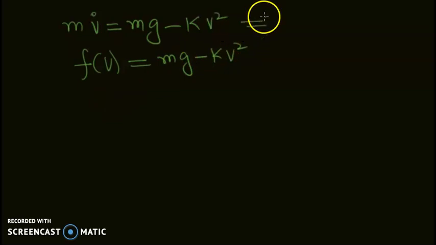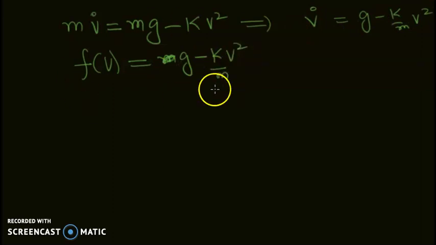Oh, sorry, v dot is g minus k over m times v squared, so f of v has to be this. And we also know that the fixed point is equal to the square root of mg over k.